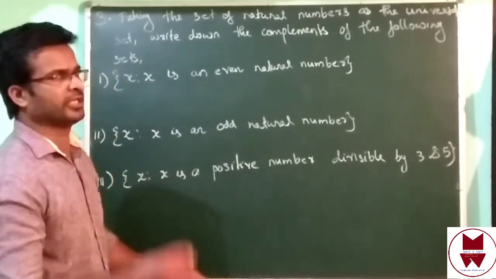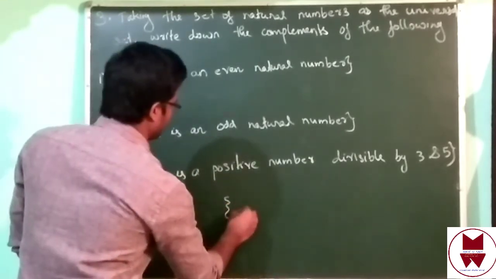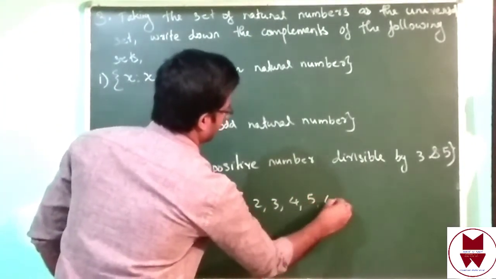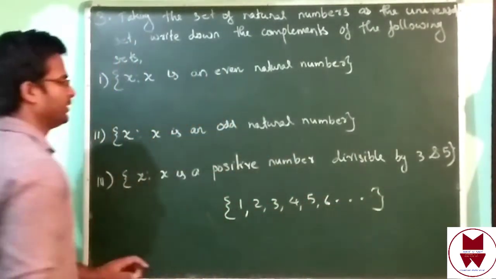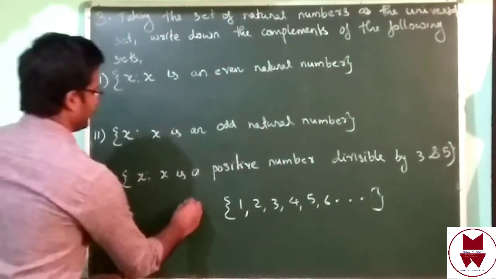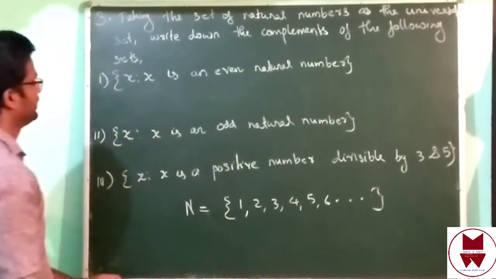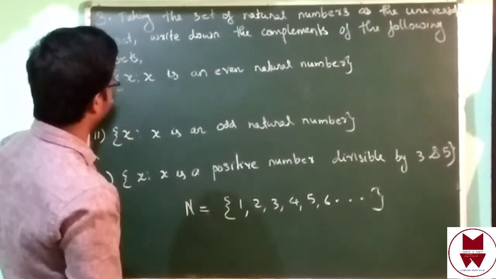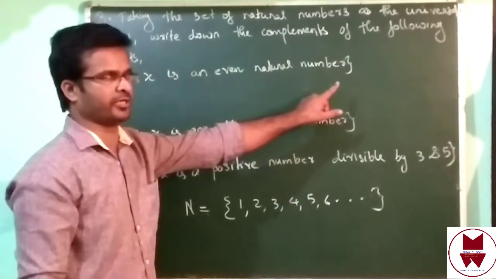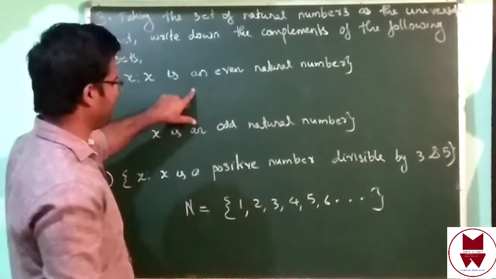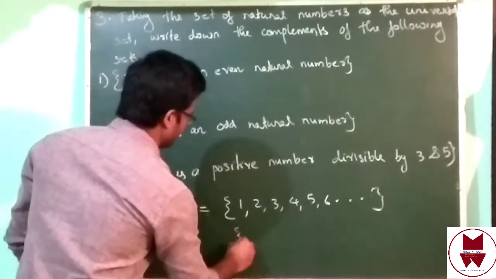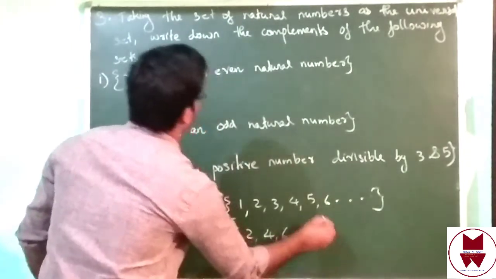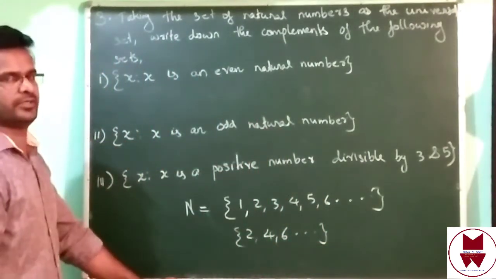You know natural numbers: 1, 2, 3, 4, 5, 6, all the counting numbers. Written in tabular form, the given set is 2, 4, 6. We consider only even natural numbers.